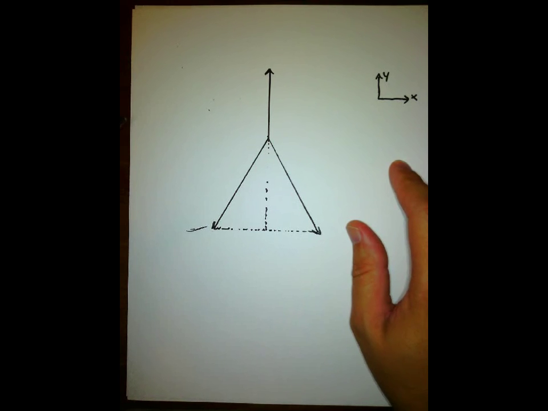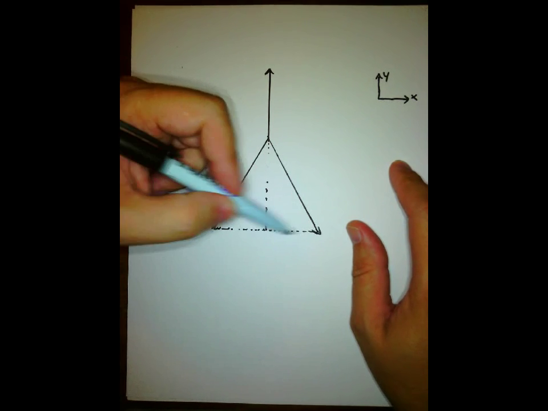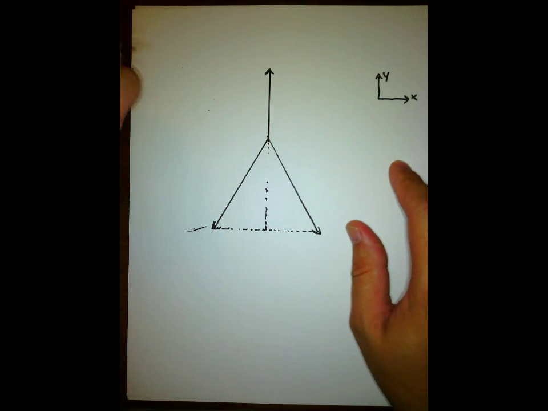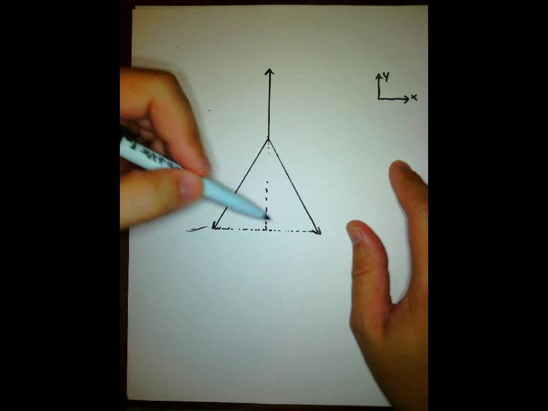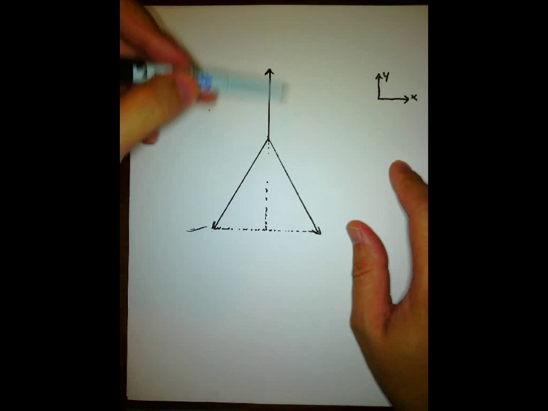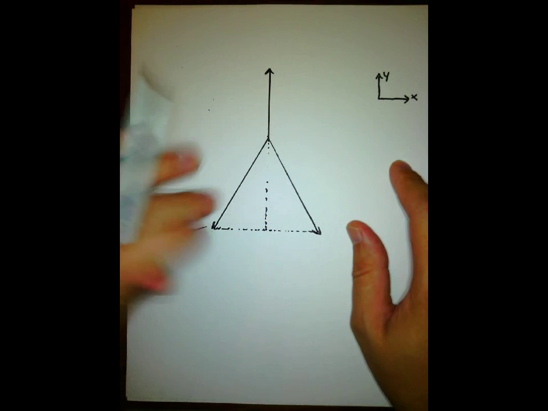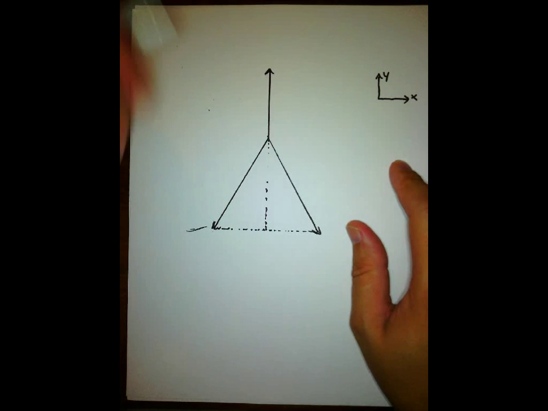So these are already in opposite directions. So this is going to be a negative. This is going to be a positive. And we know that they have to cancel out because there's no x direction force from this vector. The only x direction force is here, and the other one is here, and this whole thing is static.